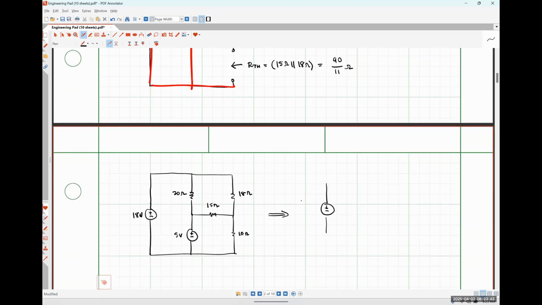VTH was 120 over 11. RTH was 90 over 11. And here is our 10 ohm resistor. So we can replace that whole big ugly network with literally just that voltage source VTH in series with that resistance RTH, and our load, the 10 ohm resistor in this case, literally cannot tell the difference. So it will absorb the exact same amount of power, have the same voltage drop across it, have the same current flowing through it, et cetera, et cetera, et cetera.